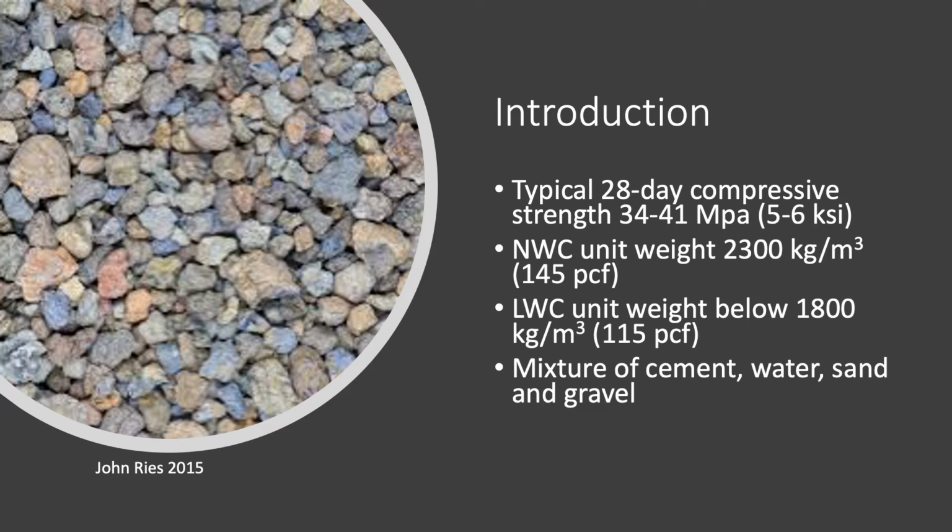Structural lightweight concrete usually has an in-place density that ranges from 1400 kg per cubic meter to 1800 kg per cubic meter, or 90 to 115 pcf, which is different from normal weight concrete that has an in-place density that ranges from 2200 kg per cubic meter to 2400 kg per cubic meter, or 140 to 150 pcf.